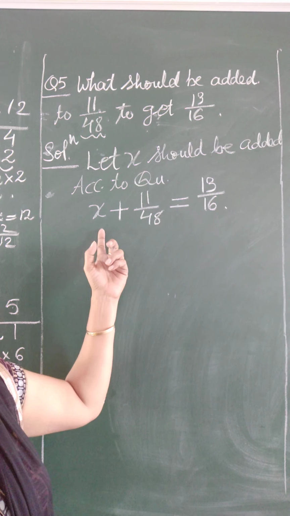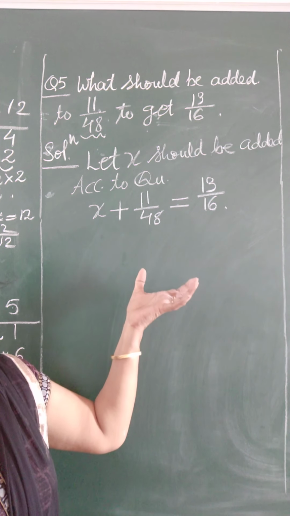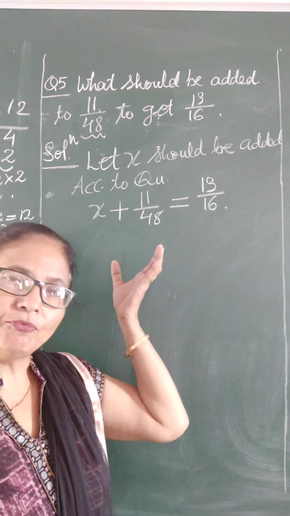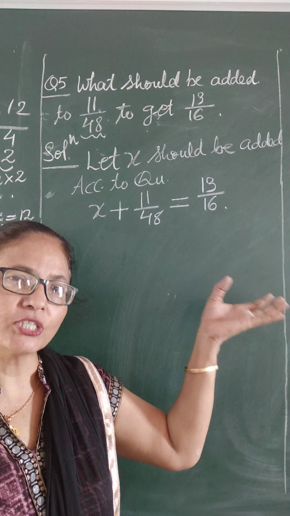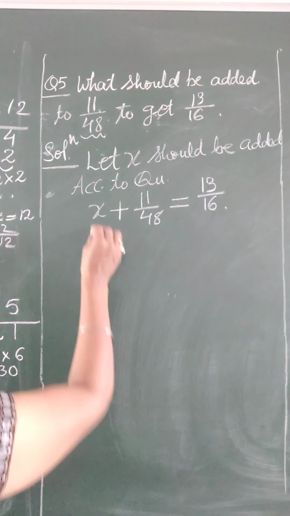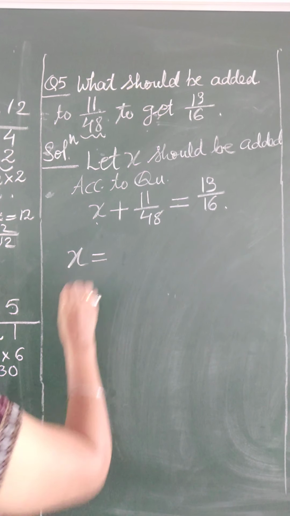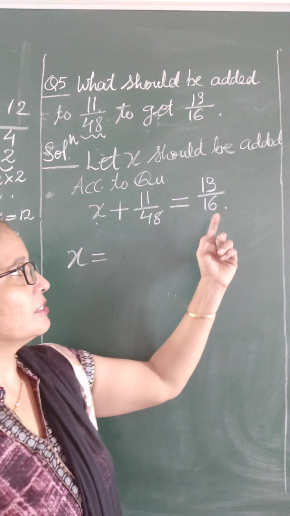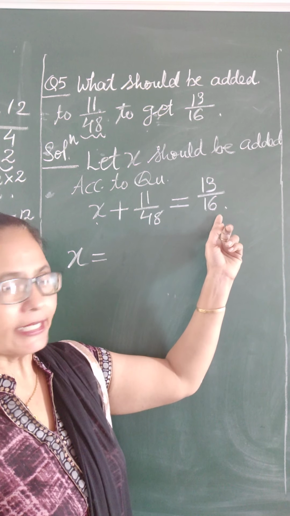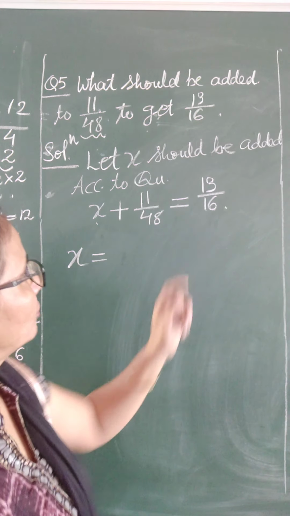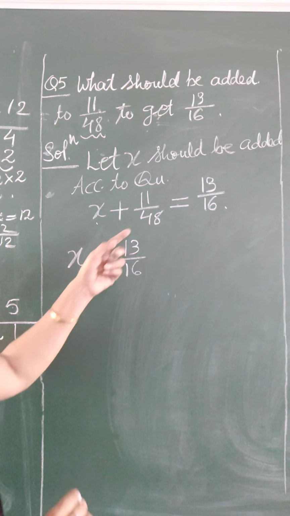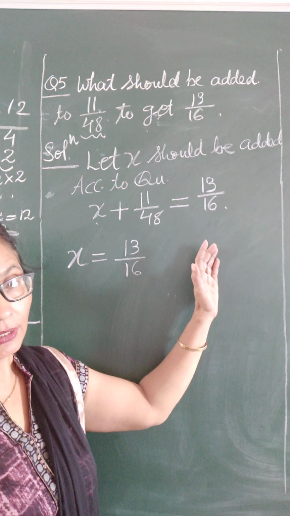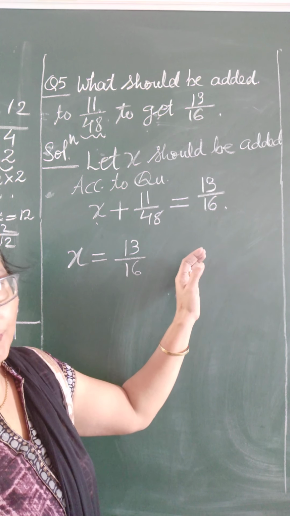Now again, this is the step of any equation, and you know equation means there is equal to sign and variable, and you know in such type of questions you have to keep variables on one side and the numbers on the other side, means transposition. Now see, this x will be here. Remember which fraction you will write first, means this right hand side number you will write first, and that is 13 by 16 you will write, and you want 11 by 48 on right side for simplification.